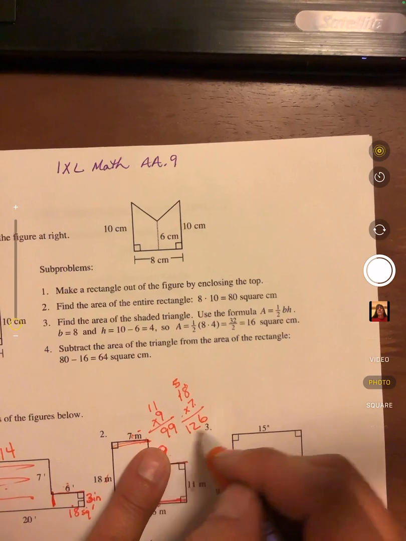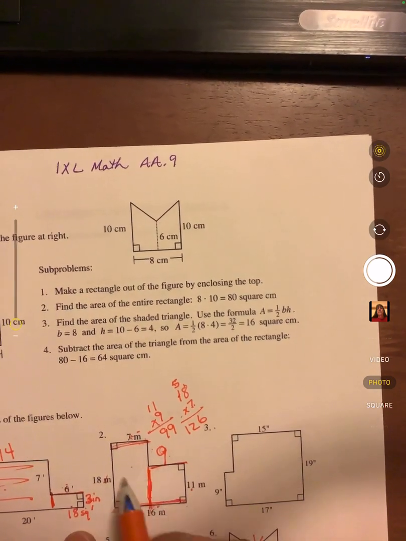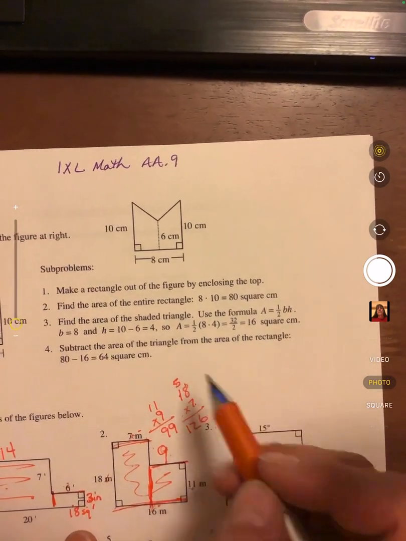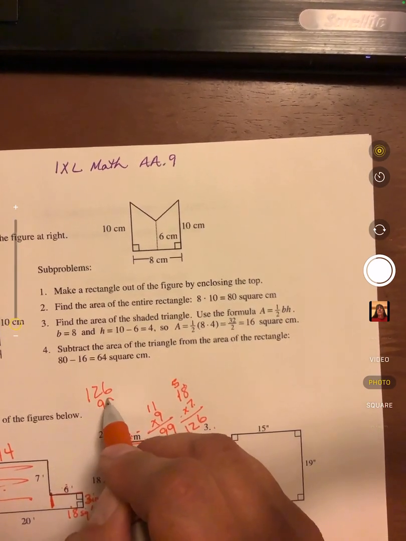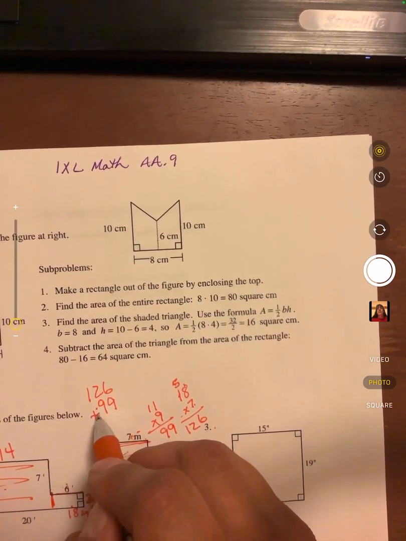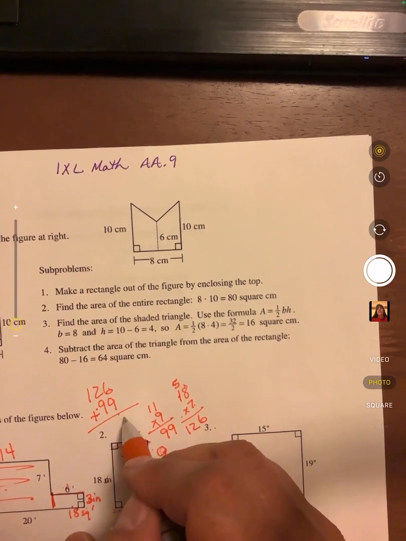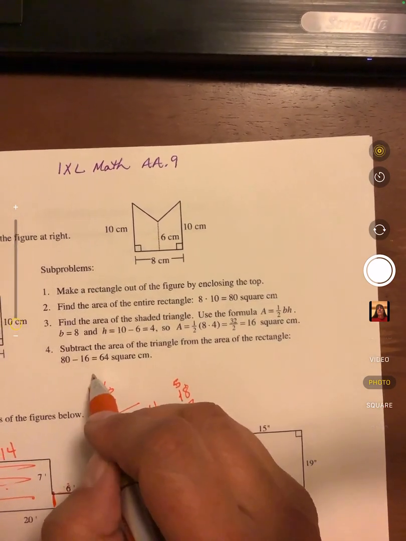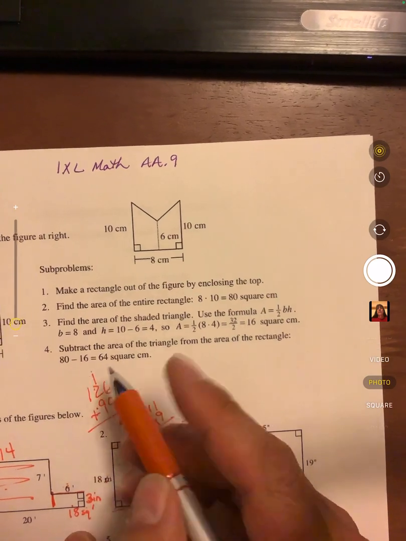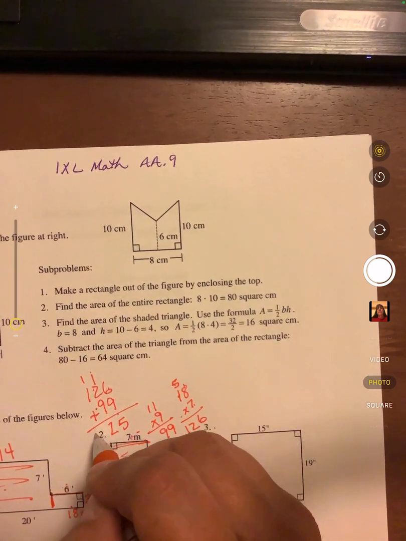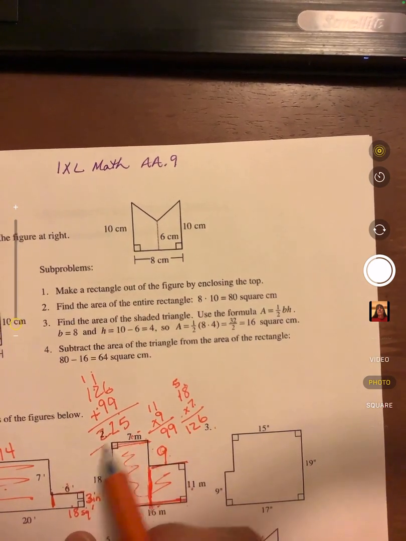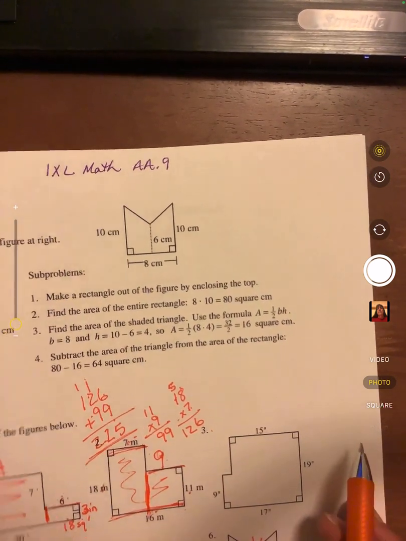Then we add those two numbers, because then we know this whole area. So 126 plus 99. 6 plus 9 is 15. 9 plus 2 plus 1 is 12. 1 plus 1 is 2. So 225.